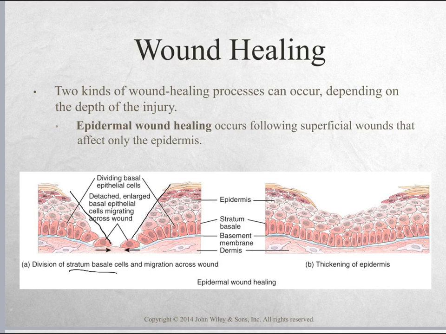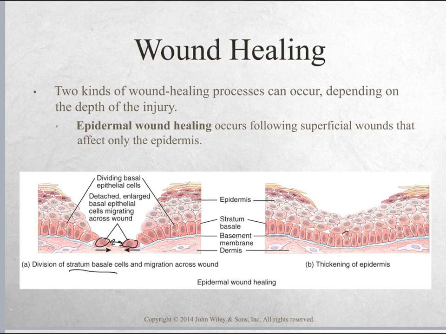The first onset of repair is that these stratum basale cells are going to have to migrate. They're detached and large basal cells will migrate across the wound, which will reestablish that stratum basale into one continuous layer. Once that occurs, we're going to start undergoing rapid mitosis. So those basal cells are going to start dividing.